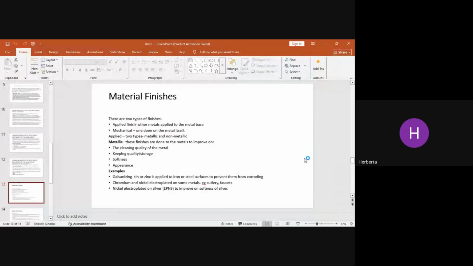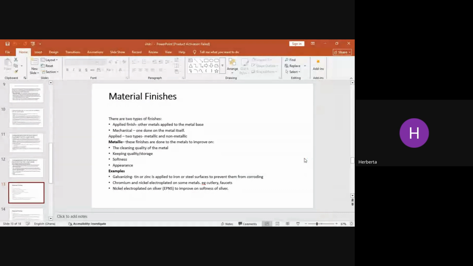Some examples of metallic finishes applied to some metals are tin or zinc, which are applied to iron or steel surfaces to prevent them from corroding. Then we have chromium. Chromium is one of the good metals that maintains its freshness for ages. If you are able to buy any saucepan or any item that is made of chromium, the appearance never changes. It is as it is for generations.